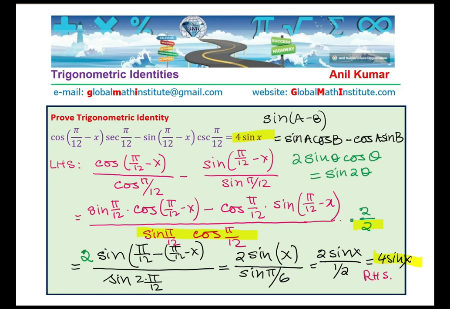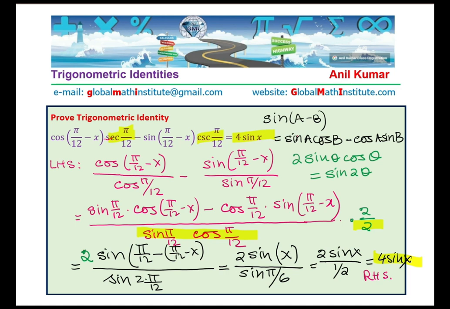So we have proven this particular identity, sine of (pi by 12 minus x) secant pi by 12 minus sine pi by 12 cosecant of (pi by 12 minus x) as equal to 4 sine x. See very carefully. First we simplify by writing secant as 1 over cos and cosecant as 1 over sine.